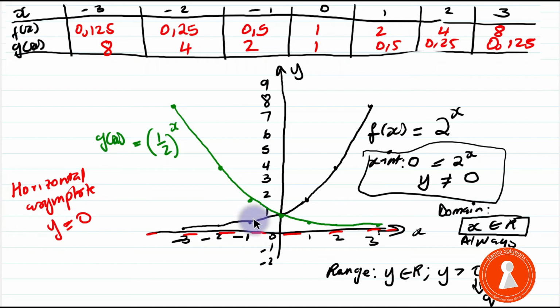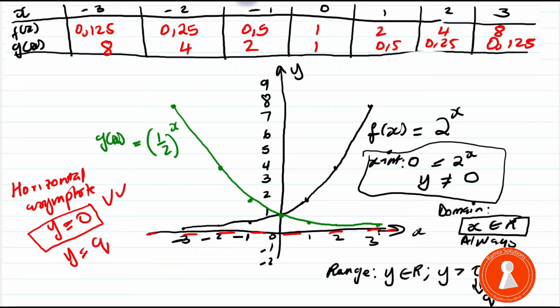What is this y equals 0? This is where we said we had y equals q. Sorry, so this value represents y equals q. So the horizontal asymptote is y equals q.